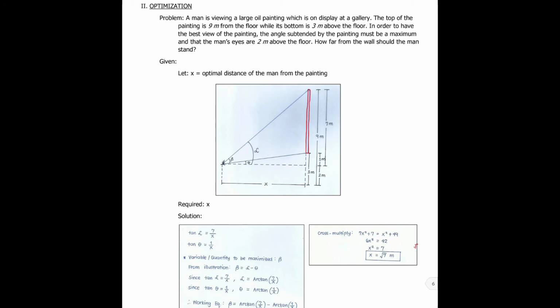The top of the painting is 9 meters from the floor, while its bottom is 3 meters above the floor. In order to have the best view of the painting, the angle subtended by the painting must be a maximum, and that the man's eyes are 2 meters above the ground. So mani siya ang eyes, mata.